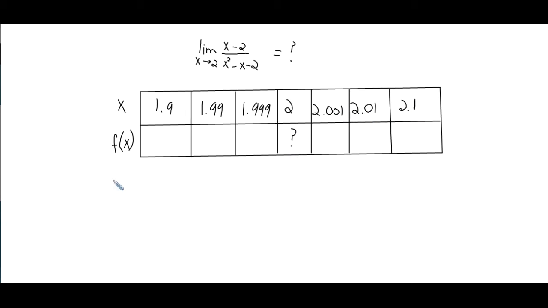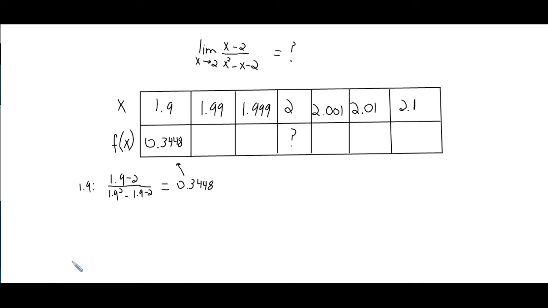So let's start by plugging in 1.9. We're just going to plug in all these values and see what happens to our function. So 1.9 minus 2 over 1.9 squared minus 1.9 minus 2. What does that give us? That gives us 0.3448. And so we put that in the first cell right there.